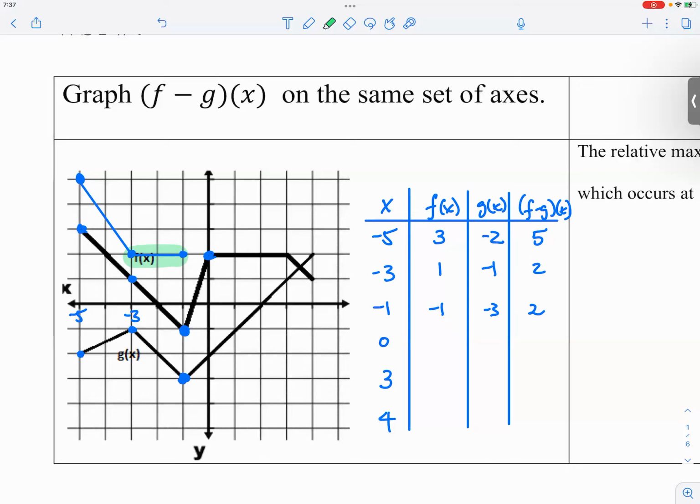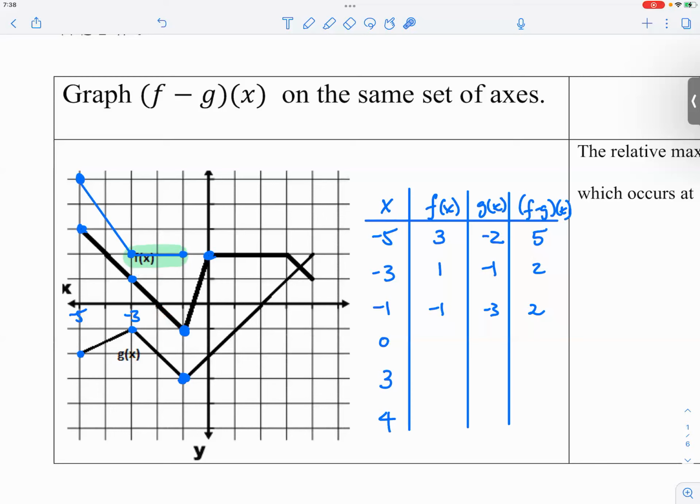The new graph that we're making, what is the meaning of it? Well, it is f minus g, right? So that means it is the distance between f and g. Then we say, well, if you look at here, can you see the distance right here between these two lines? Do you think they keep the same distance? Well, that's why it is flat.